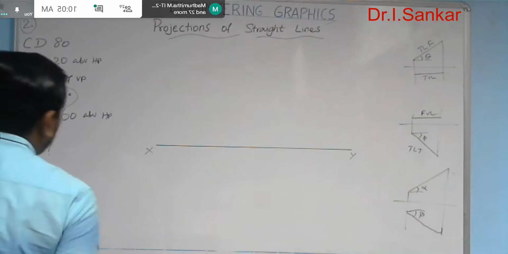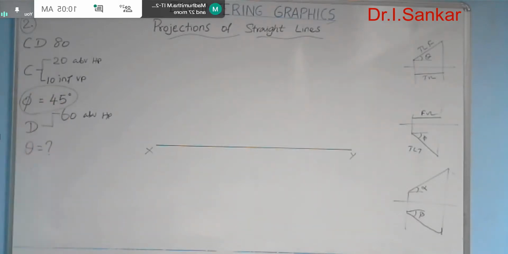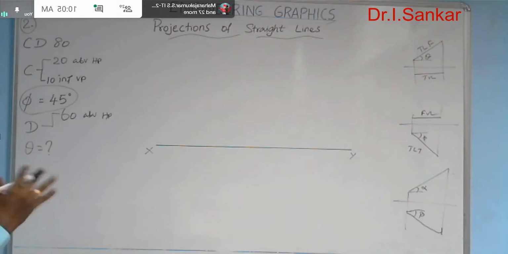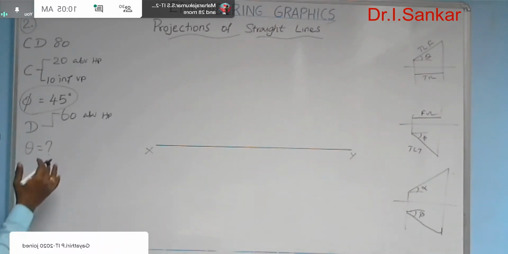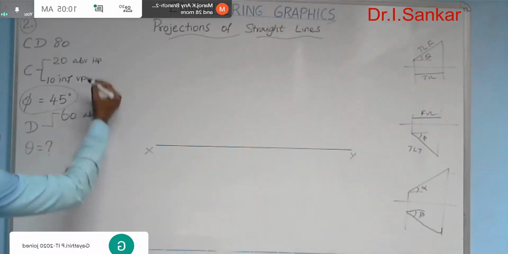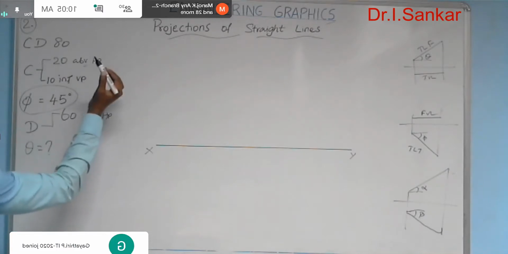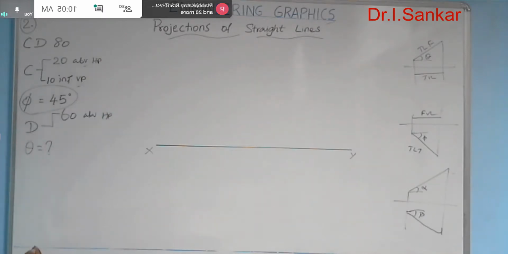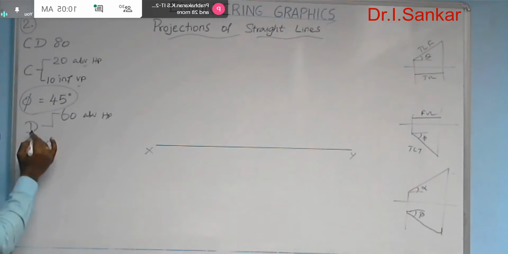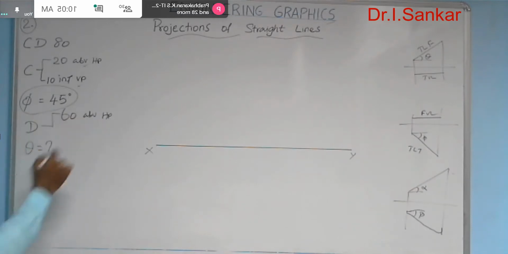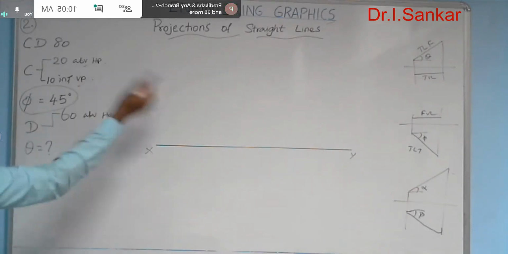And then just look at the given data. Which data can we use first? The locus related data. Here we have three data: the end C is 20 mm above HP, the end C is 10 mm in front of VP. Again, the end D is 60 mm above HP. So these three data can be used first.